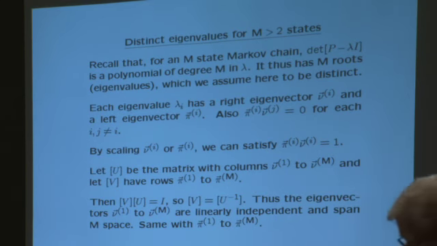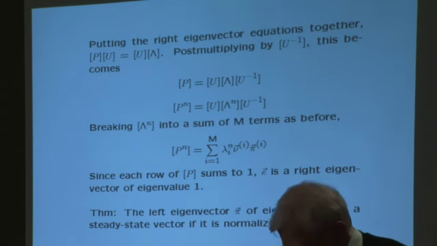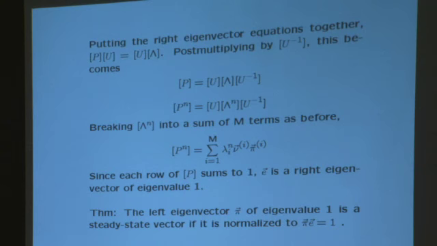Same here. And putting these equations together, P times U equals U times lambda. This is exactly what we did before. Post multiplying by U to the minus 1, we get P equals U times lambda times U to the minus 1. P to the n is then U times lambda to the n times U to the minus 1.